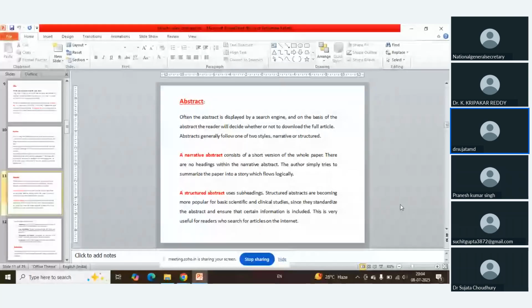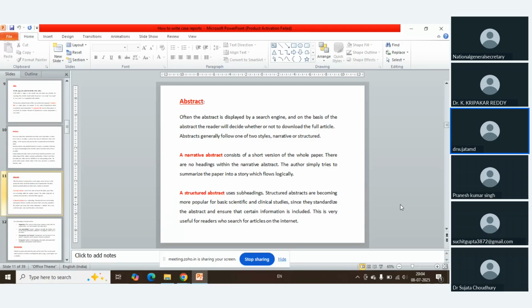The abstract may be written in two forms: a narrative abstract and a structured abstract. Narrative abstract means only one paragraph, one short version of the whole paper. There are no separate headings, only a paragraph like a narration. The author simply tries to summarize the paper into a short story which flows logically.